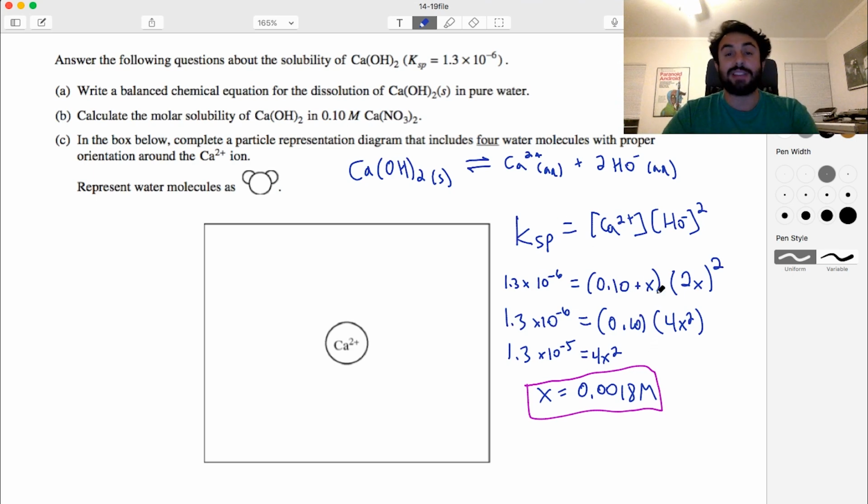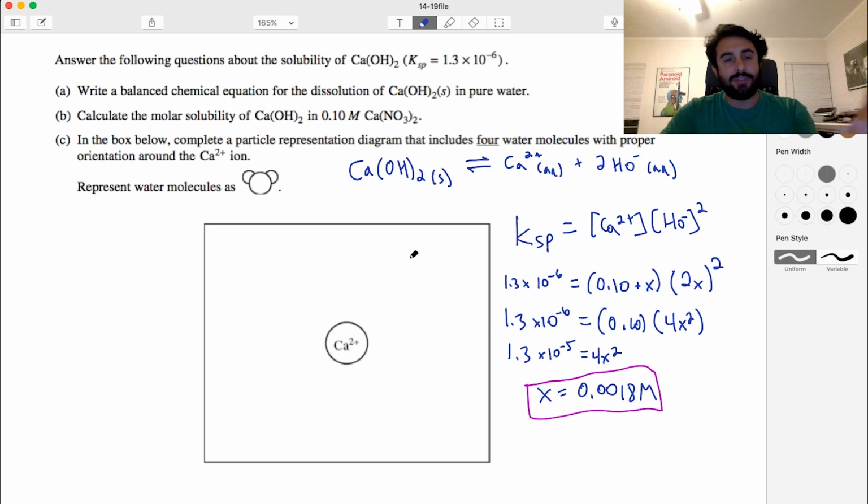I don't know, plus X. And if I get plus X calcium, I'm going to get 2X hydroxide because for every calcium ion, I get 2 hydroxide ions. I'm going to square it. We made that simplifying assumption because the additional amount of calcium is so tiny that we can ignore it in this term. And then we divide it by 0.1, solve, X is 0.0018 molar. So that's the molar solubility there.